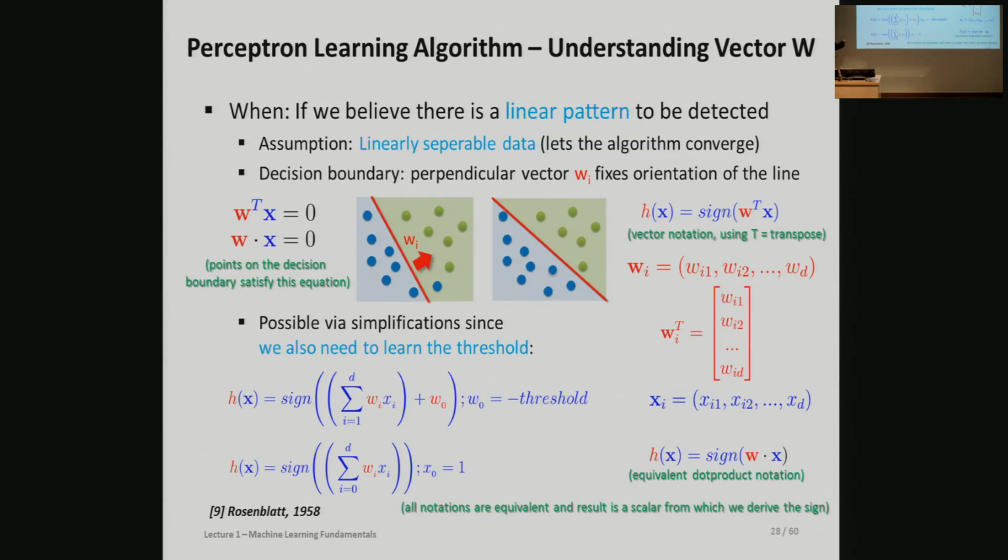It's a small trick, and you see here the notation starts now with x0, so to speak, in the summation, just to come to a much more compact notation of all of this, right? So that you have this dot product between W and x. It's nothing else than what you see here on the left-hand side, but much more compact in the dot product notation. So if you use machine learning books, you sometimes find these notations with W transpose x, the dot product, and the original perceptron was really this, but it's all equivalent, right?